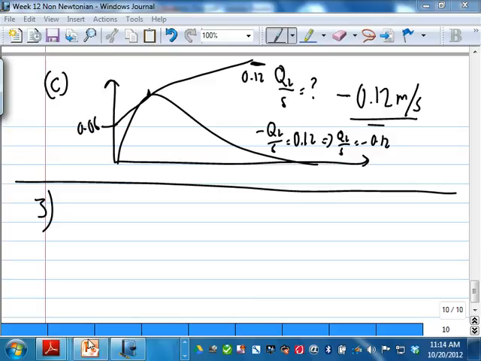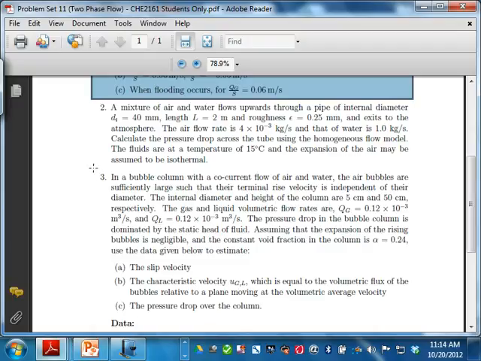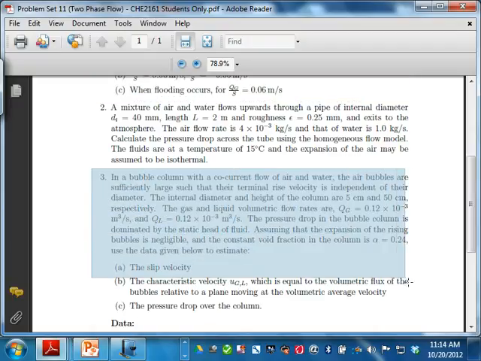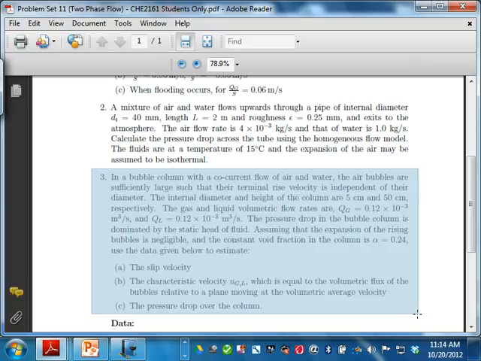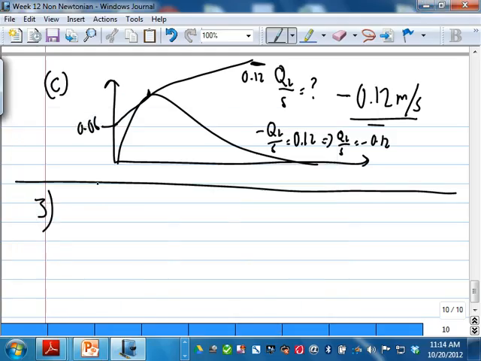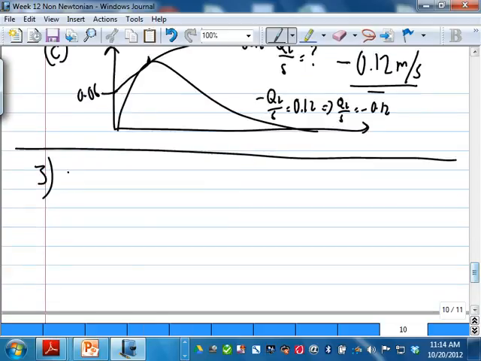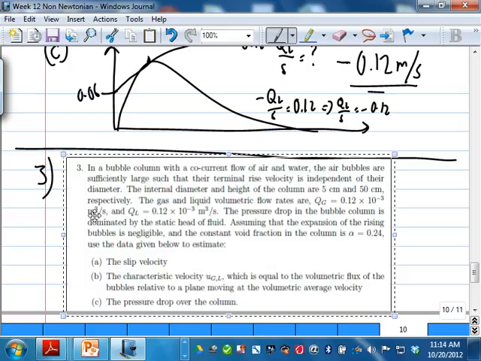Where's question 3? Okay. Bubble current with co-current flow.